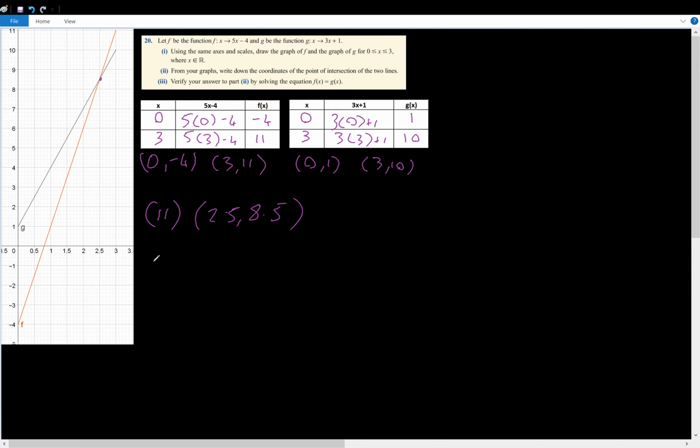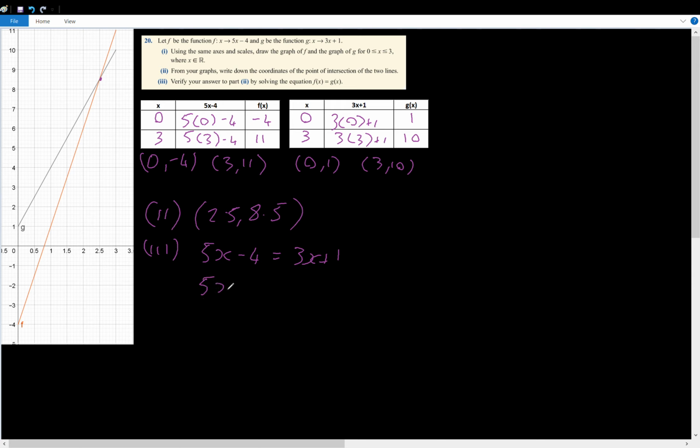The way that we're asked to do that in part 3 is by setting the 2 functions equal to each other. So we're going to say 5x minus 4 is equal to 3x plus 1, exactly as it says in this equation, f of x equals g of x. And now we're going to solve this for x. So we're going to bring all of our x's to one side and all of our numbers to the other side of the equal sign.